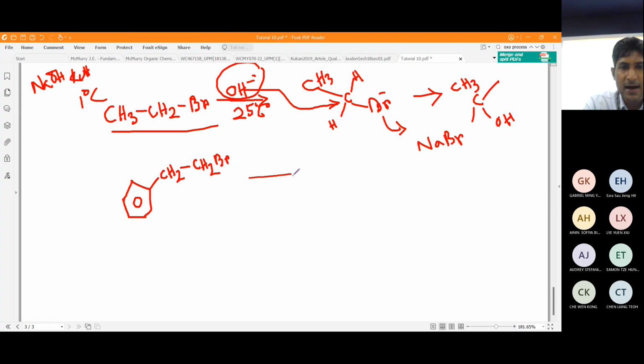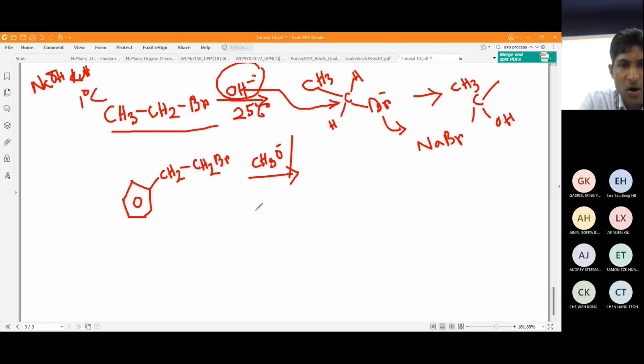So if I add hydroxyl ion, or let's say not hydroxyl, hydroxyl has many. So another strong base, alkoxy ion, CH3O, methyl. What is the name of this? Methoxy ion, yes. This is a methoxy ion.